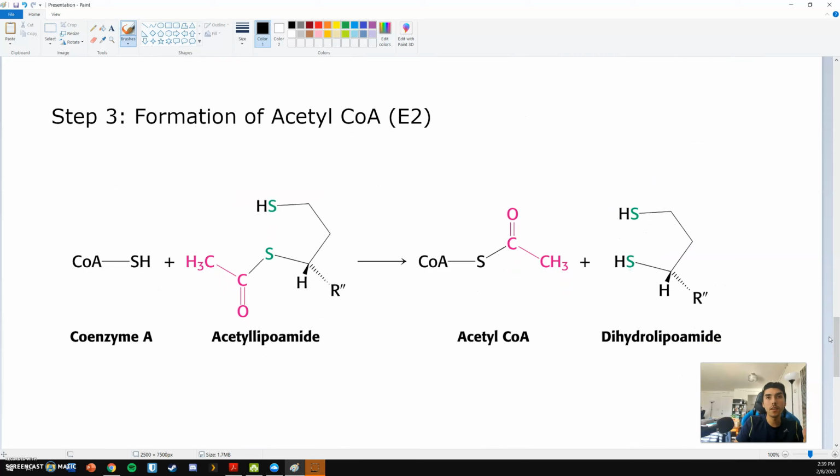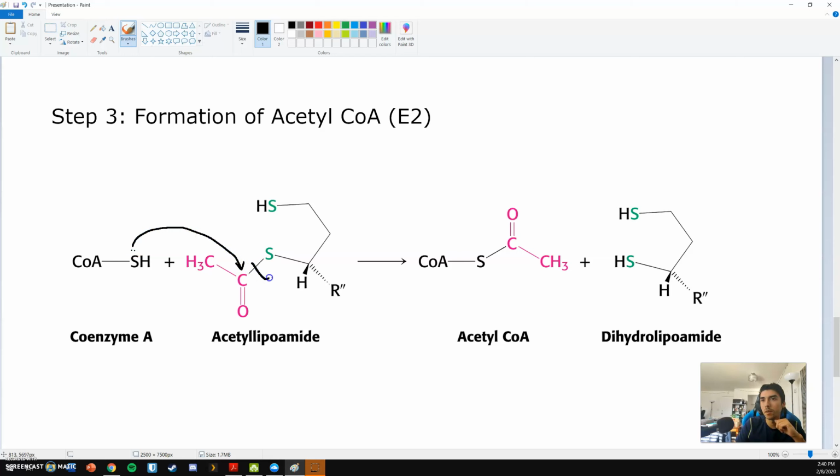And in the next step, we have step 3, formation of acetyl-CoA. This takes place now in E2 of the complex. And what we have is that previous product, the intermediate acetyl lipoamide, reacting with coenzyme A. So the lone pair on this sulfur will perform a nucleophilic attack on that carbon.